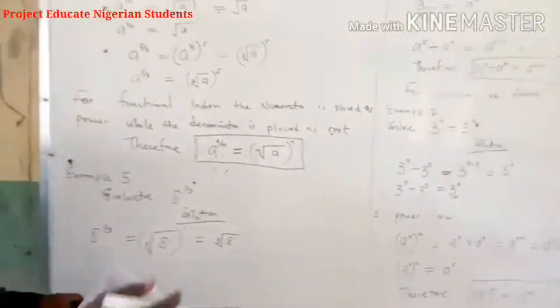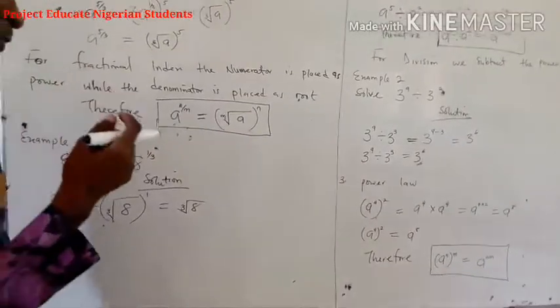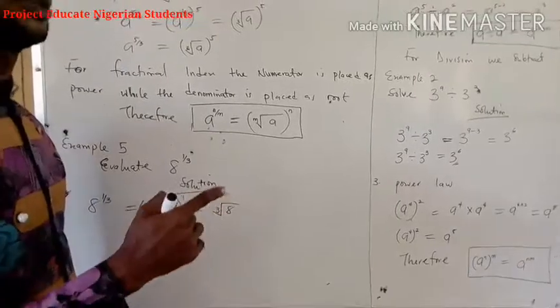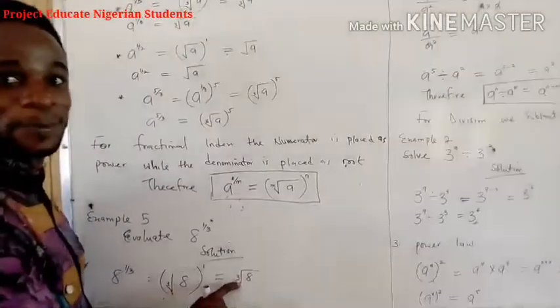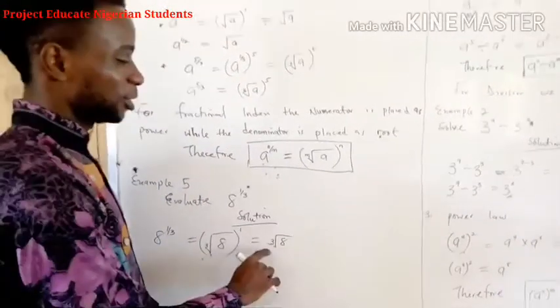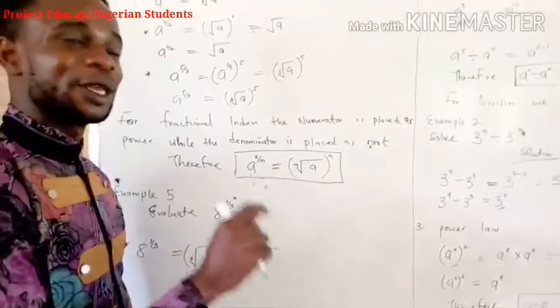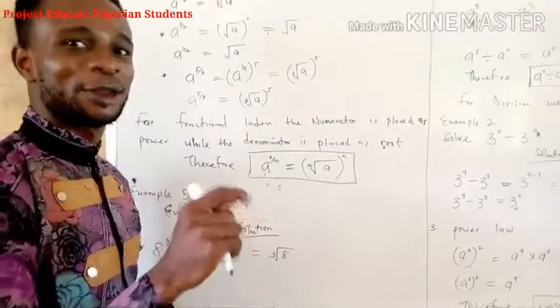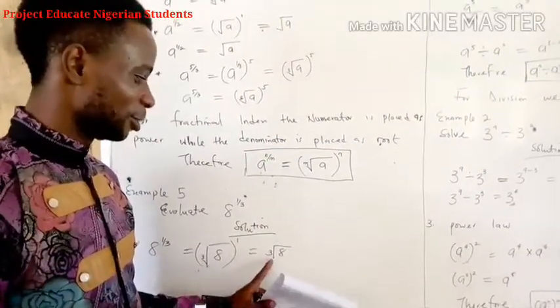And this cube root of 8 means you look for a number. When you multiply it 3 times, why are we going to multiply it 3 times? Because we have 3 there. Okay? Look for a particular number. When you multiply it 3 times, you get 8. If you get that number, you multiply it 3 times, that particular number becomes the cube root of 8.